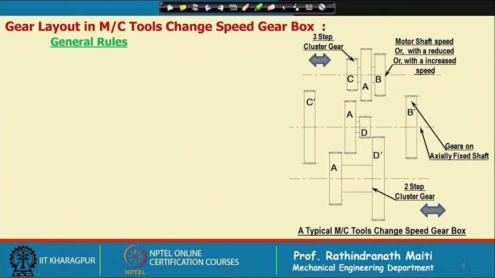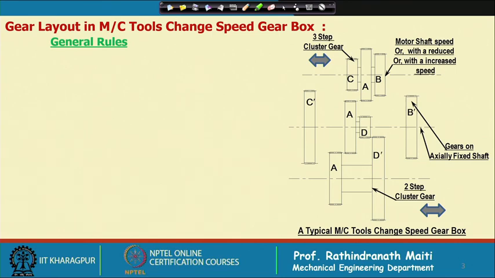Now, in machine tools change speed gearbox design, there are a few rules. On the right hand side I have shown a speed change gearbox. Basically what we find, there are 3 shafts. In the top shaft there are 3 gears.